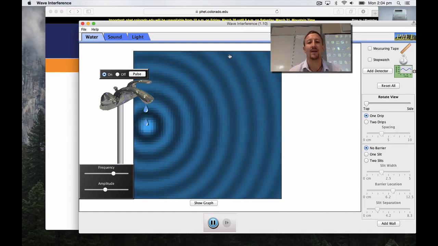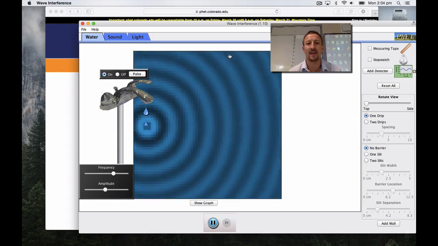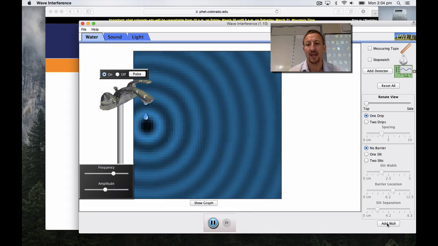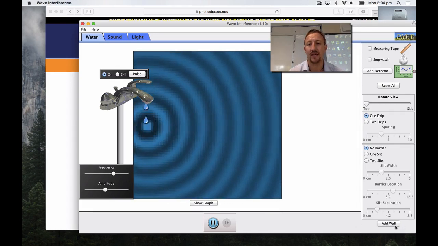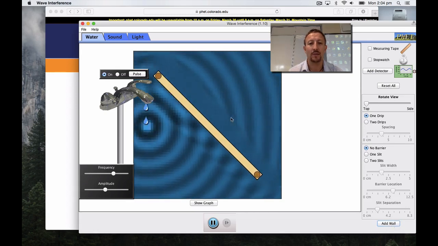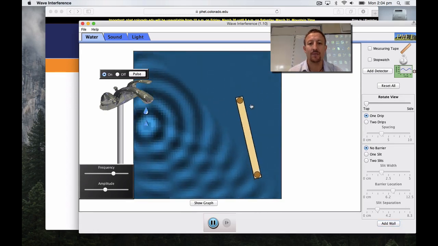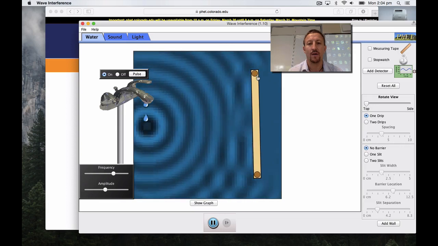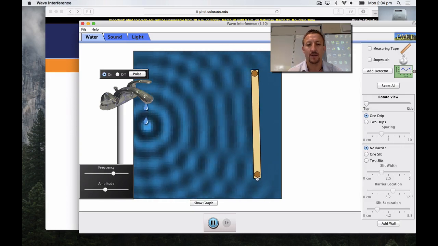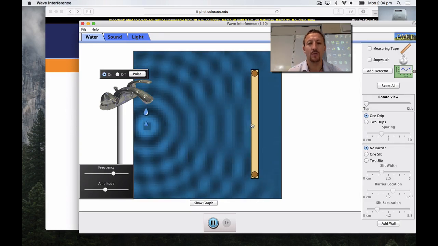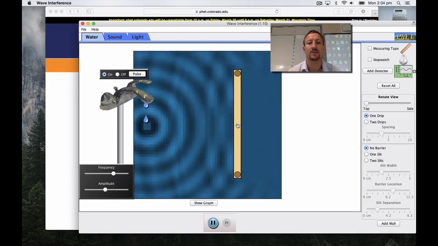If we look at the dark areas as the wave fronts, you'll get an idea of what happens. I come down to the bottom here, right-hand side, where it says add wall. I place it in like so, and I can rearrange my wall to wherever I want it to be. Let's push that in. I'm going to pull that across, so it's about three-quarters of the way in.